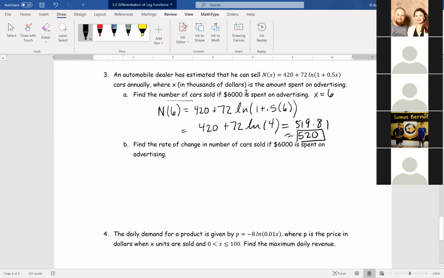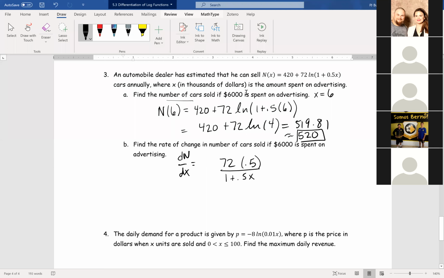All right, find the rate of change in number of cars sold if 6,000 is spent. So for the rate of change, we need dn dx. The derivative of a constant is 0. And then we've got natural log there, so we get 1 over the inside times the derivative of the inside, which is 0.5. So we can get rid of that 0.